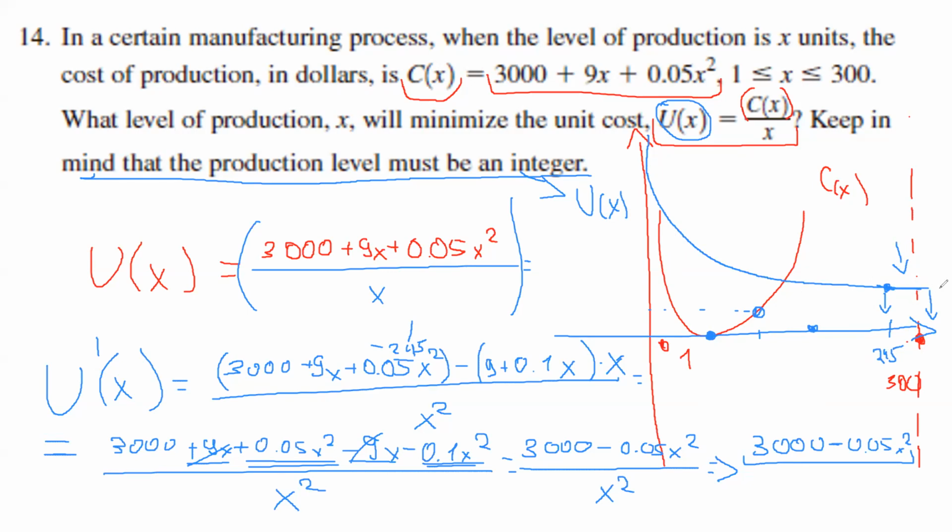And this line is going to turn almost horizontal after this point. It means that if we produce more units, we're not going to reduce the unit cost. So is the final answer x equals 245? Okay, I got it.